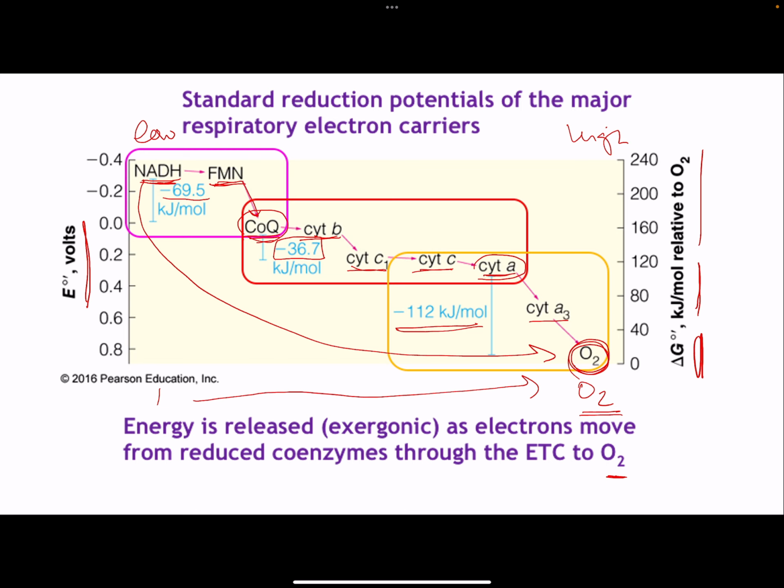There are a number of these different electron carrying compounds that each have a unique standard reduction potential, and the way that they are placed physically in this membrane has a functional role in transferring these electrons from low to high standard reduction potential eventually to oxygen, as well as having incremental steps to secure this proton gradient.